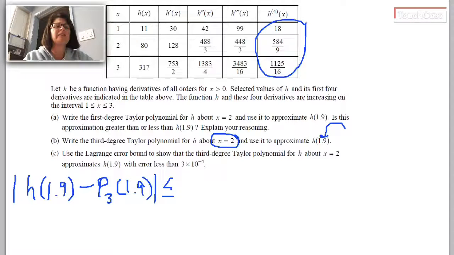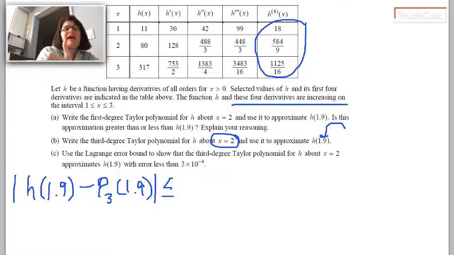So what I ask myself is, on the interval where x goes from 1.9 to 2, what is the maximum value of the fourth derivative of h? I can find an appropriate upper bound because I've been told that all the derivatives that we've been told about are increasing, which means they hit their maximum value at their right-hand endpoint.